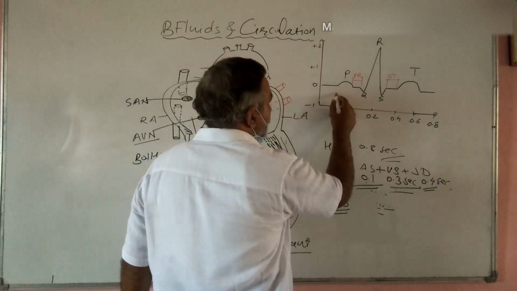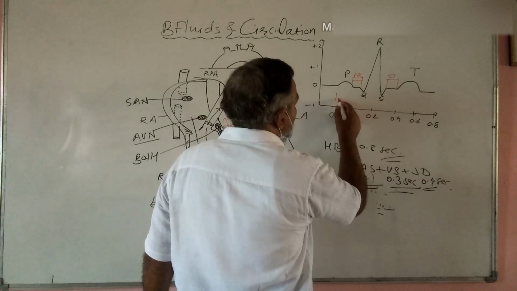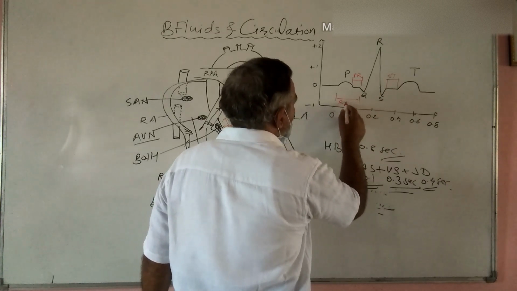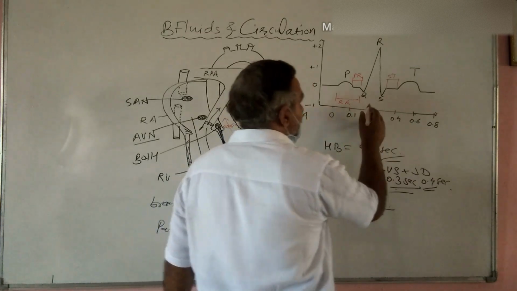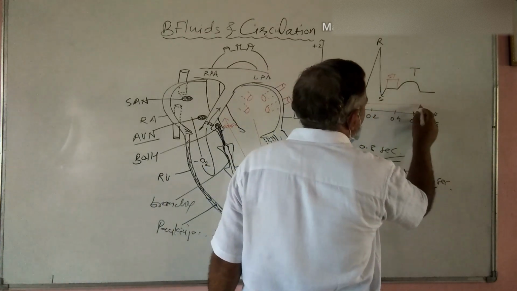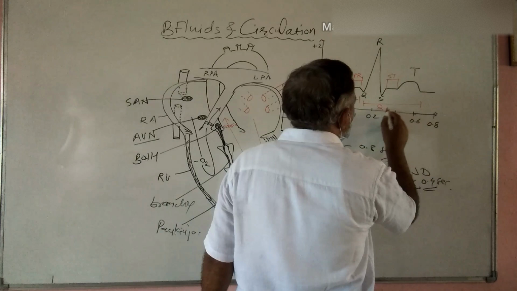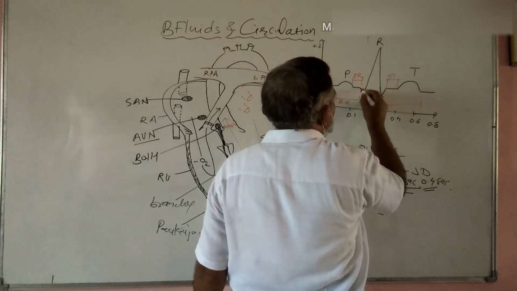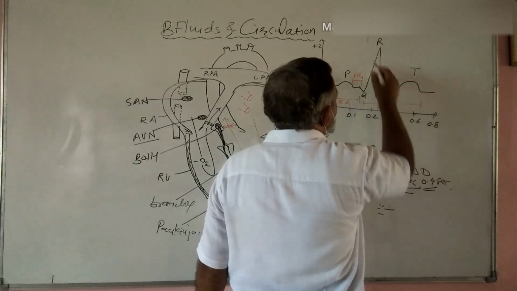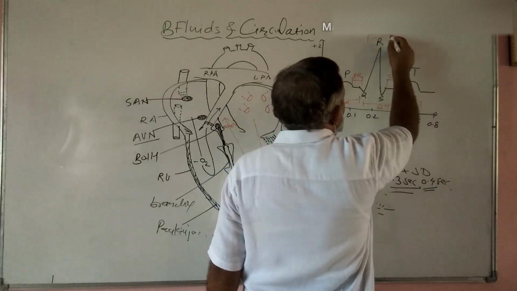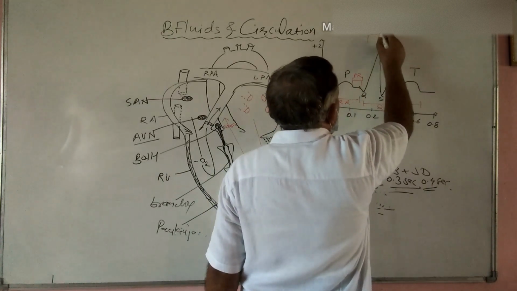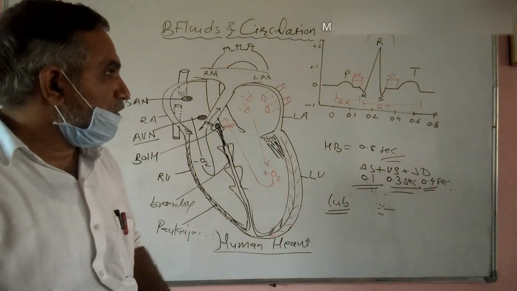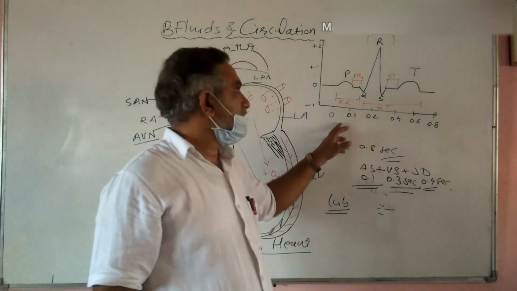Then see here, this one is the PR interval, and then from here up to here, this is the QT interval, and from this point up to this point, this is the QRS complex.